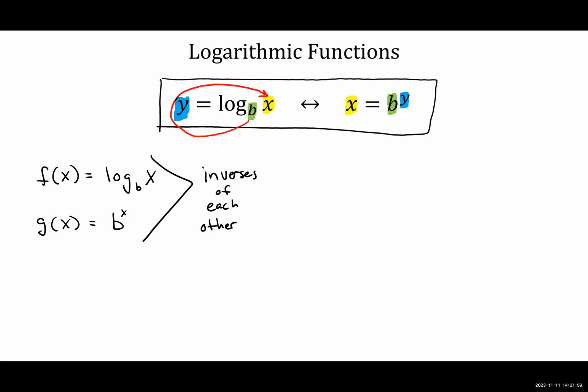So it's basically saying this number, b, that's the base of the logarithm, raised to this power equals this. So green to blue to yellow.